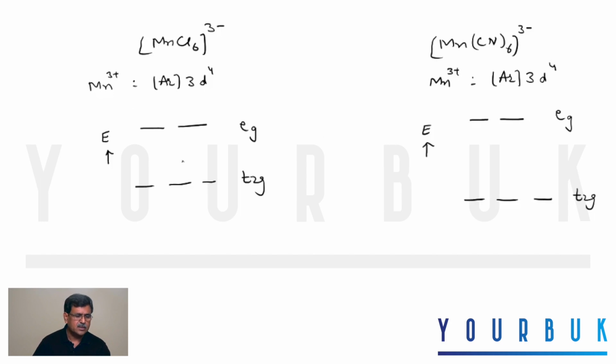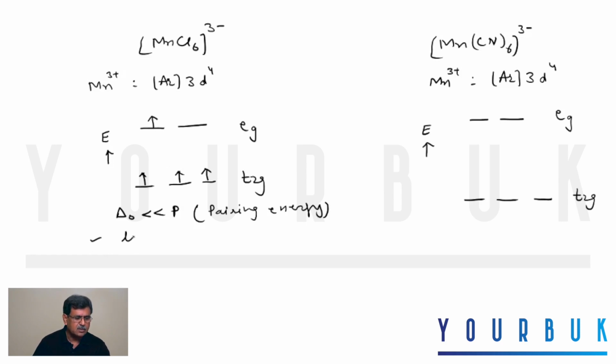Manganese 3 plus has 4 electrons. This is case number 1. The first electron is in the t2g, the second is in the t2g, the third is also in the t2g, so we are following Hund's rule. Here delta O is very small in comparison to P, where P stands for the pairing energy required to pair up electrons in the same orbital. Since delta O is very small in comparison to P, it is easier to promote the electron to the eg orbital. So the fourth electron is in the eg orbital, and all 4 electrons are unpaired.